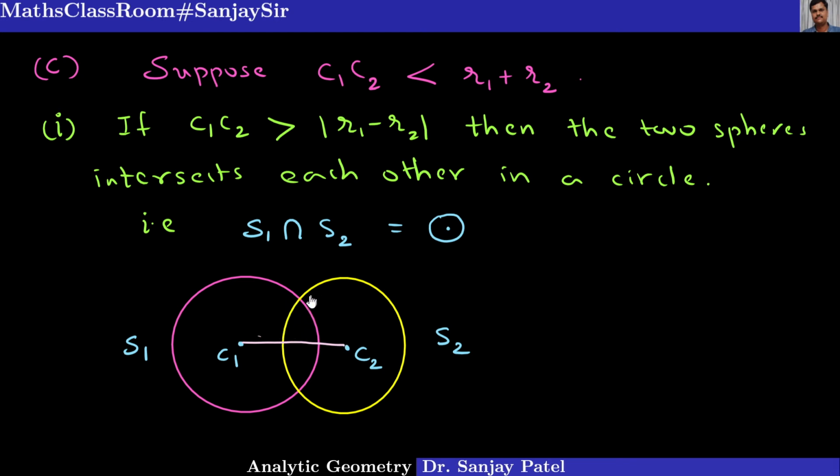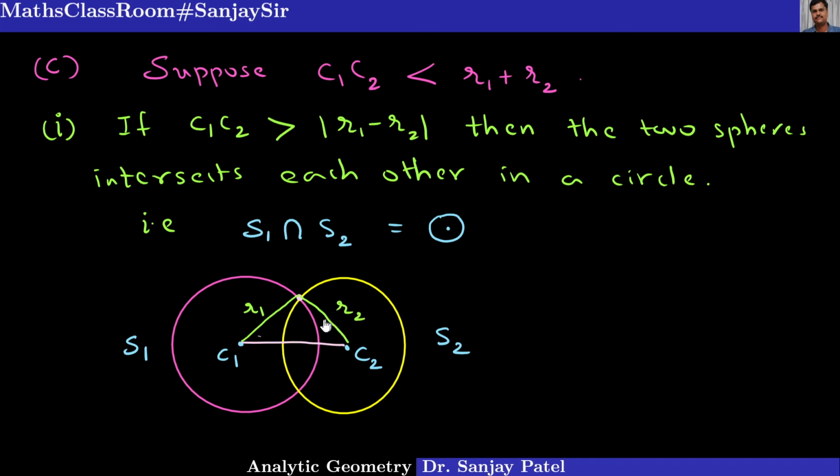If this is a common point here, I can join it by a line segment to C1, and that is the radius R1 of the first sphere, and if I join it with C2, it is the radius R2.